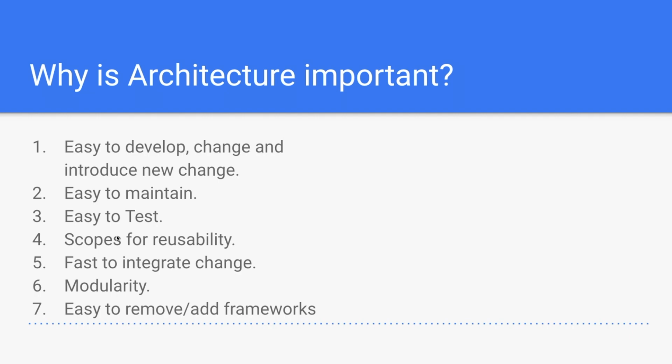So any architecture should have the flexibility to easily develop, change and introduce a new change. It's not like you developed for a particular module and then, when a new module has to be integrated, you have to modify a lot of code in your existing logic. That should not happen.